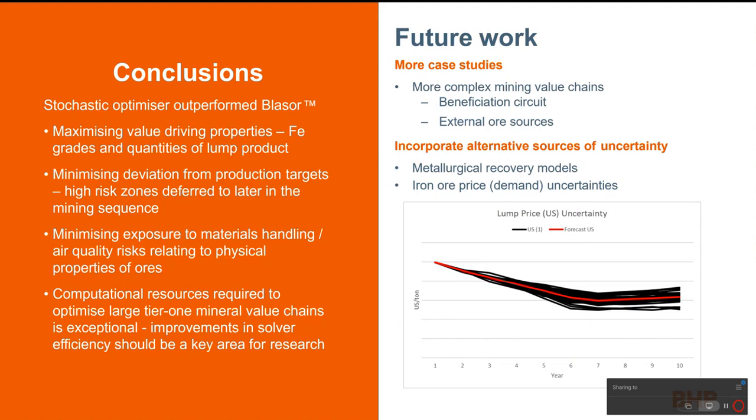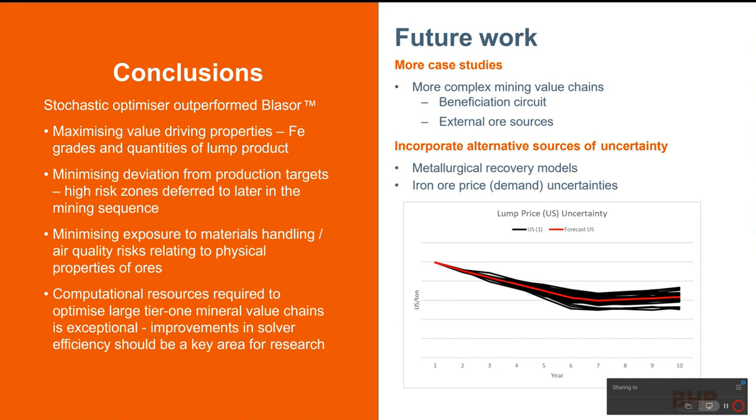So in conclusion, we concluded that the stochastic optimizer outperformed the Blazer sequence, and it did that by maximising the value driving properties, so iron grades and the quantity of lump product, through minimising deviation from production targets, high risk zones deferred to later on in the mining sequence, and minimising exposure to materials handling and air quality risks relating to the physical properties of the ore.